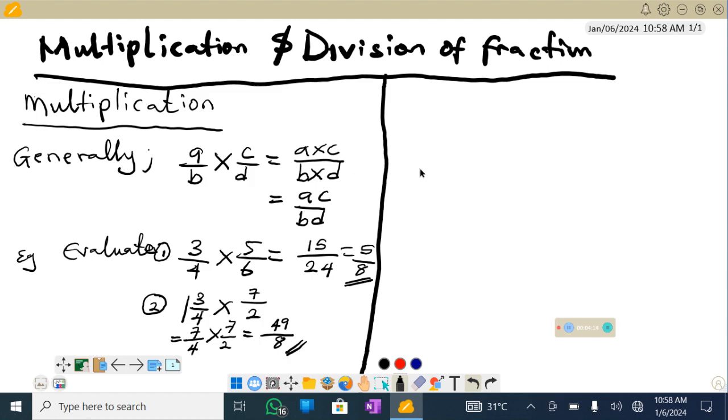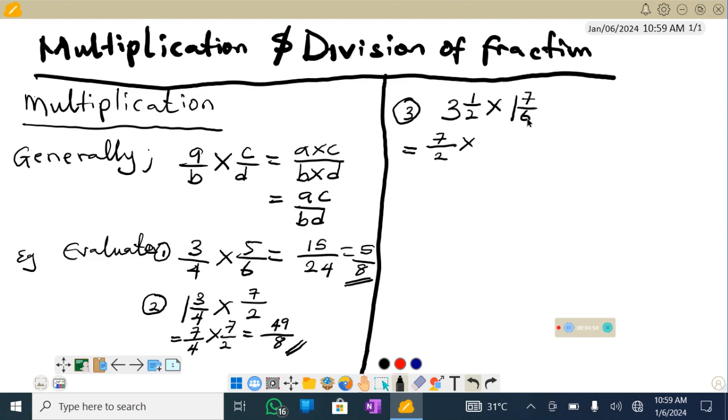We can also have two mixed fractions. Let's take example number 3. Let's say 1 and 1 over 2 times 1 and 7 over 6. You do the same thing. Make sure that you change each to an improper fraction. So 2 times 1 is 2, plus 1, that will give us 3 over 2.